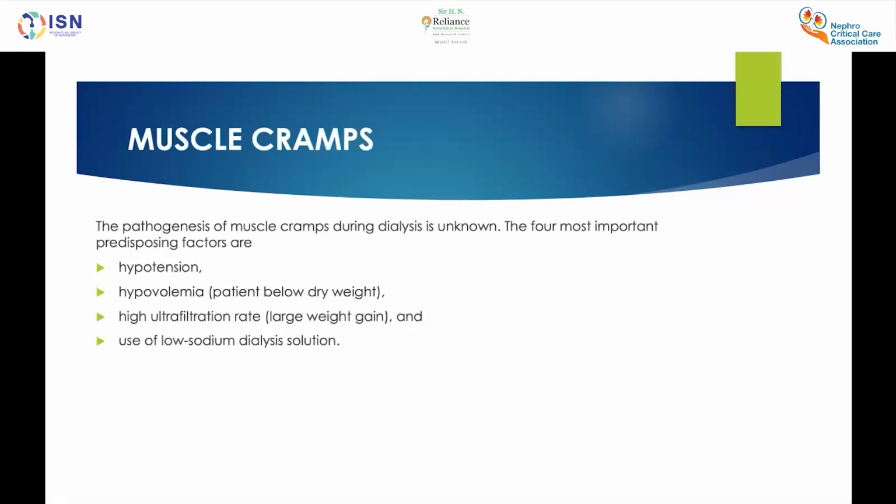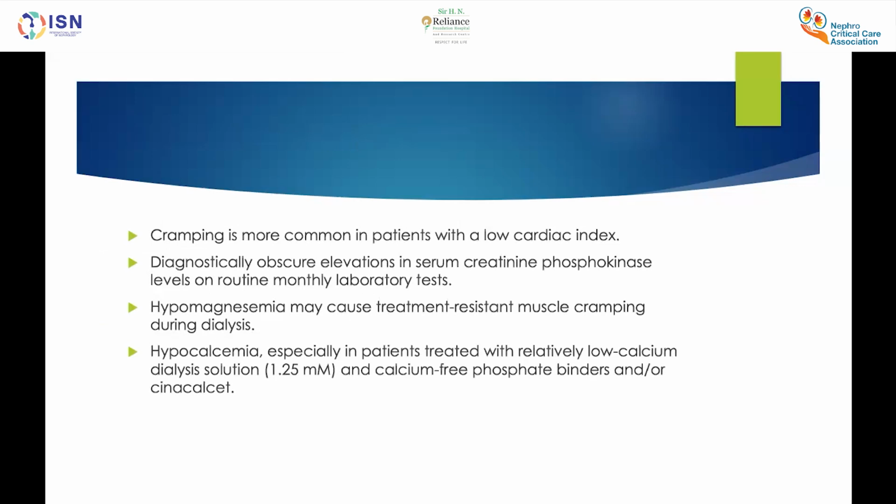Now, another complication would be muscle cramps. The pathogenesis is unknown, but there are four important predisposing factors for it: hypotension, hypovolemia, high ultrafiltration rate, and use of low sodium dialysis solution. It is more common in patients with a low cardiac index.